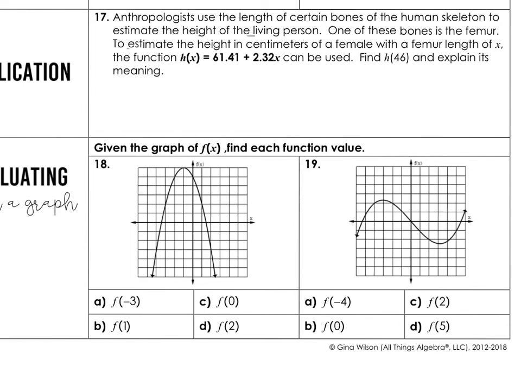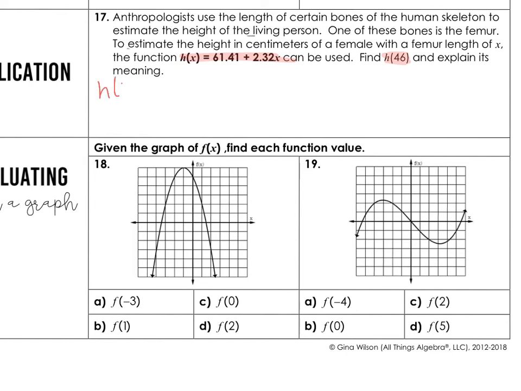Okay, I mean, let's kind of decipher this here. So we have an equation that's already given to us. That's nice, right? They want us to find h of 46, and they do give us this background on what it is that they're doing to estimate the height of a person based on their bones, but that part alone is what we've been doing. The very last part where it says explain, that might require some thought, but I'm going to do the same.